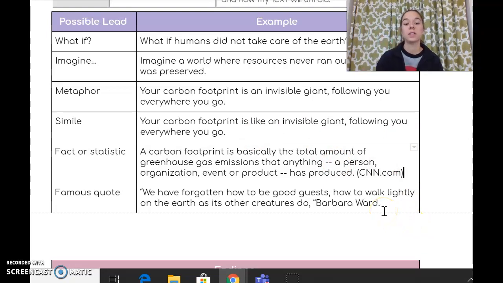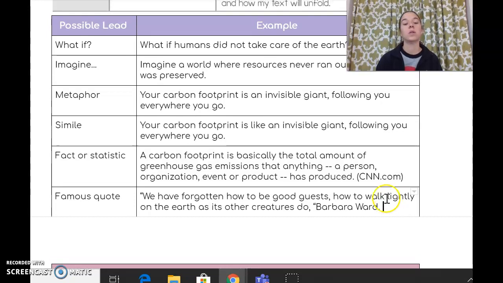A carbon footprint is basically the total number of greenhouse gas emissions that anything, a person, organization, event, or product has produced. That's from a website, right? You could do that. Or I know a lot of you like to do the quote. You can also do that. We have forgotten how to be good guests, how to walk lightly on earth as its other creatures do. So that could be a really interesting first part of whatever your project looks like, right?